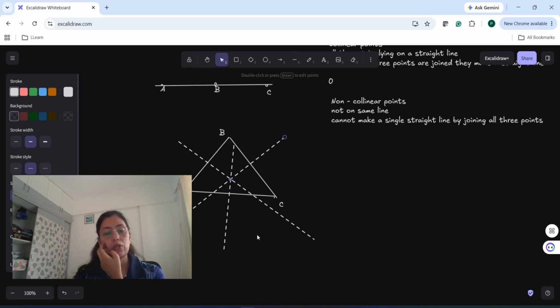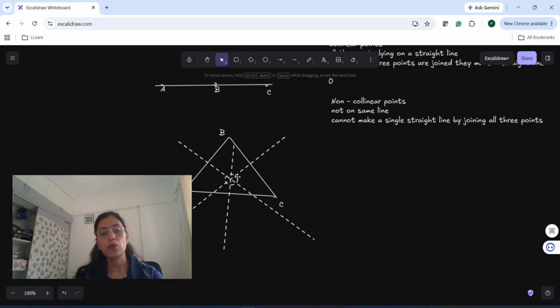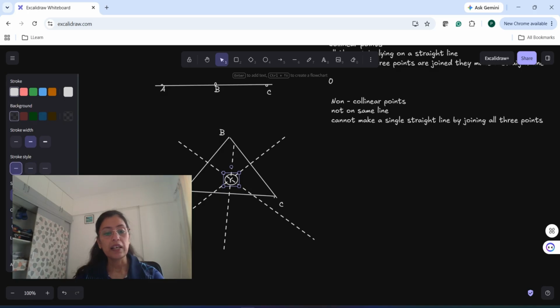So I drew 3 perpendicular bisectors: one through AC, one through AB, and a third through BC. Now, at the point where all these 3 perpendicular bisectors are meeting, this is the point here, right? All 3 perpendicular bisectors are meeting here.